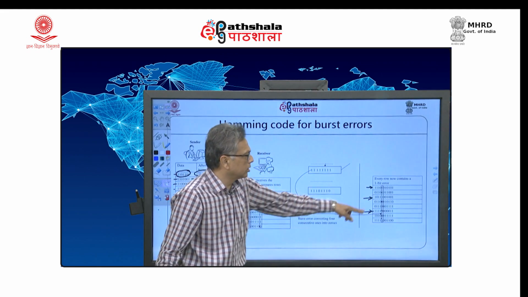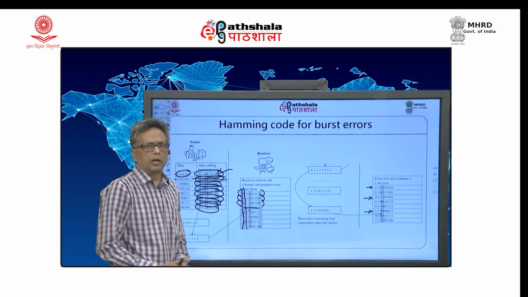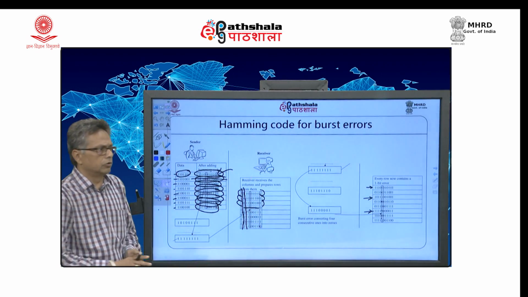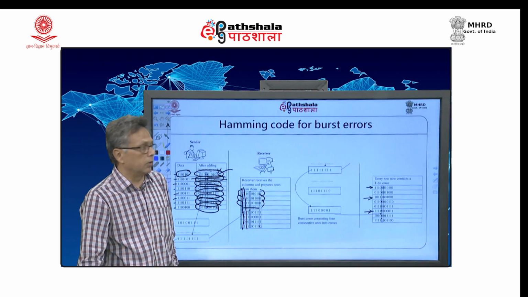Each row experiences a single bit error, and you can always recalculate the Hamming code to get those values back. So, that is the power of Hamming code which you can use for burst errors.